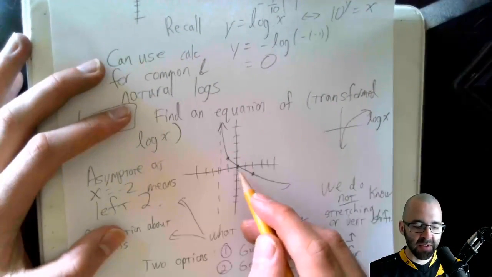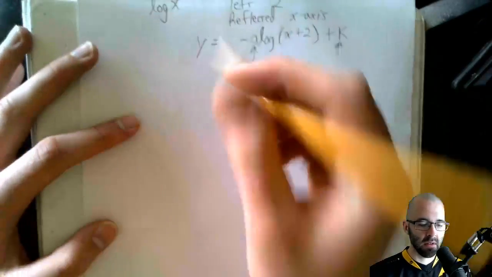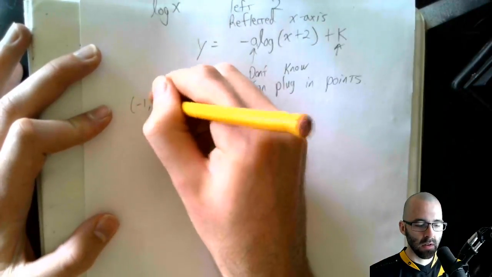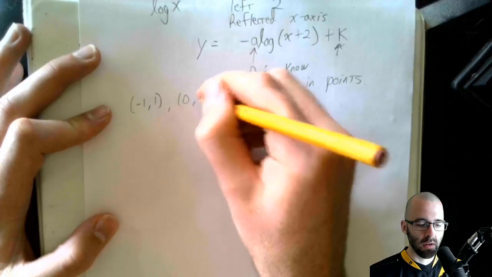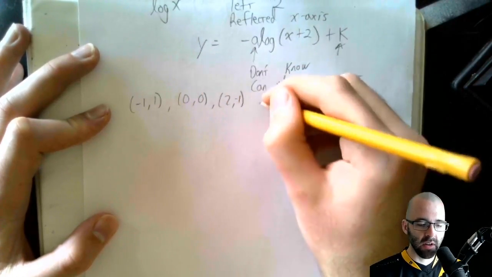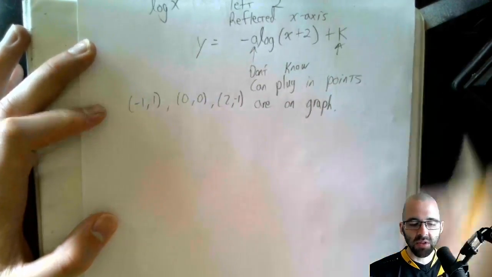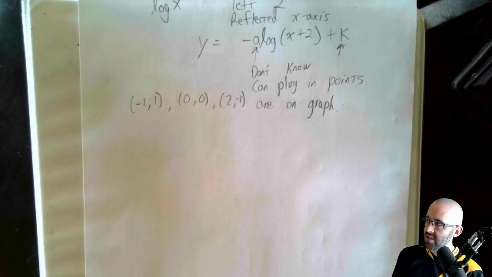So what points do we know? We know the points (-1, 1), (0, 0), and (2, -1) on the graph. So we're going to use these points and try to figure out, is there a vertical stretching?